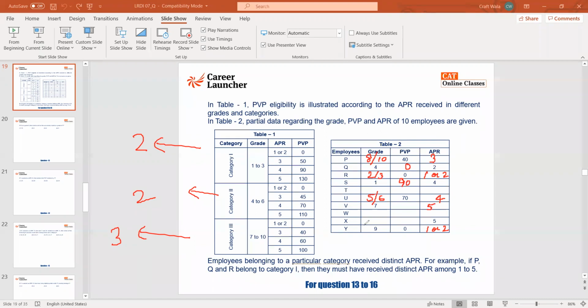That means anyone else who is having a 5 here, this guy is not from 8 or 10. That means he will either be from category 1 or category 2.